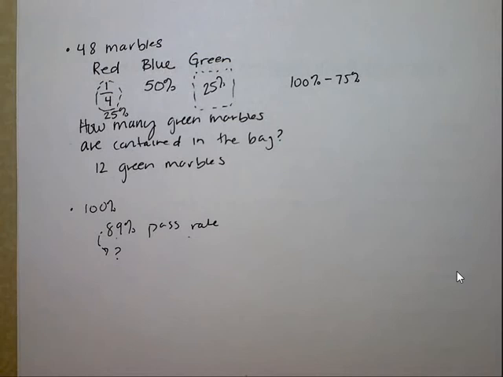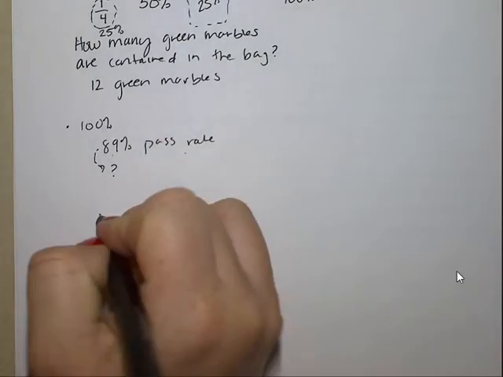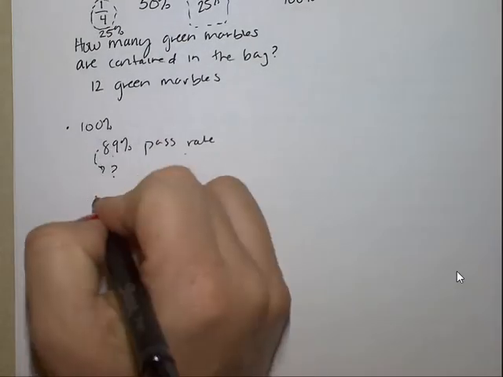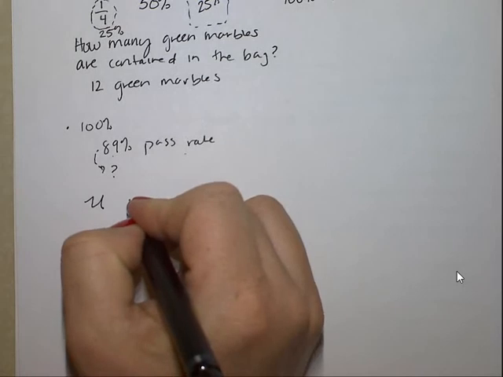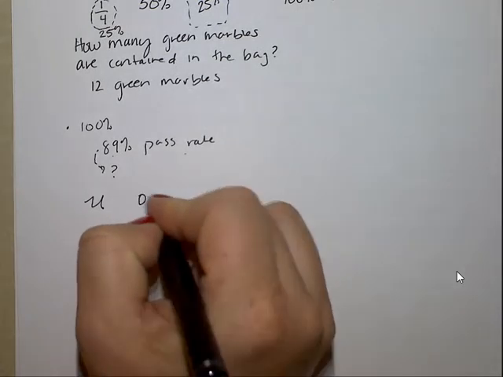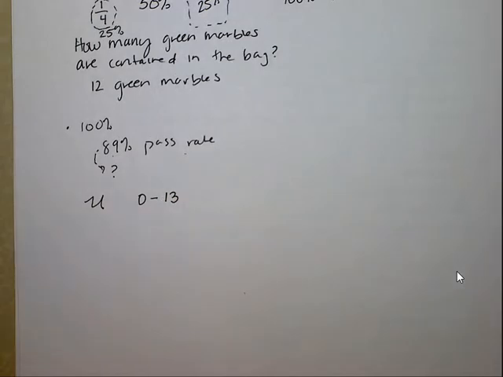Okay, I'm moving on to the next problem. So this is a review from yesterday. Please write this down. I'm going to give you a universal set, and the universal set is all integers from 0 to 13.